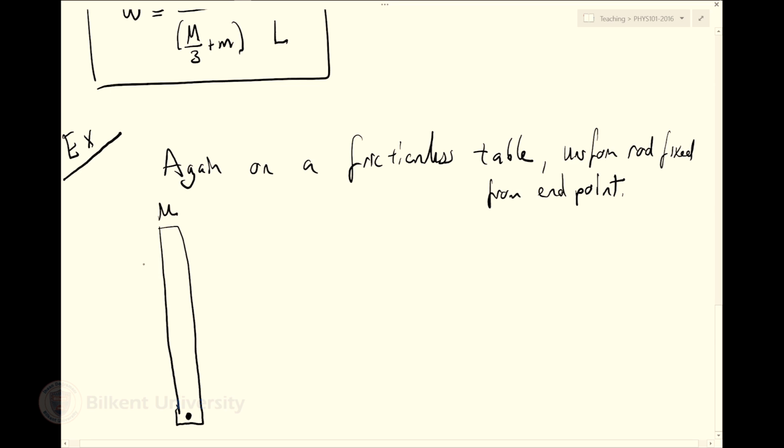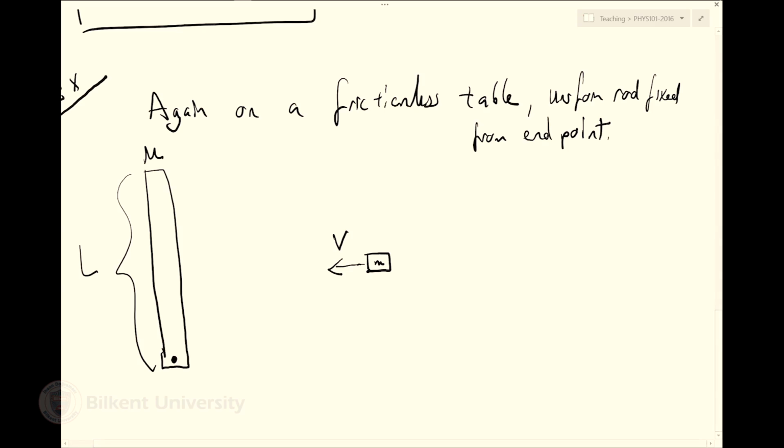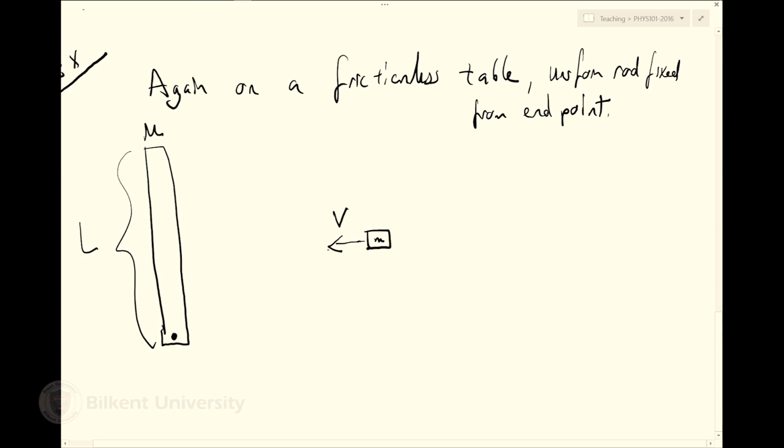The mass of this is M, the length is L. I have a small mass m coming in with velocity v at exactly L over 3. Okay?